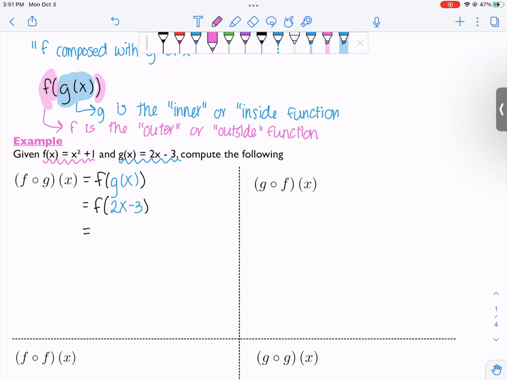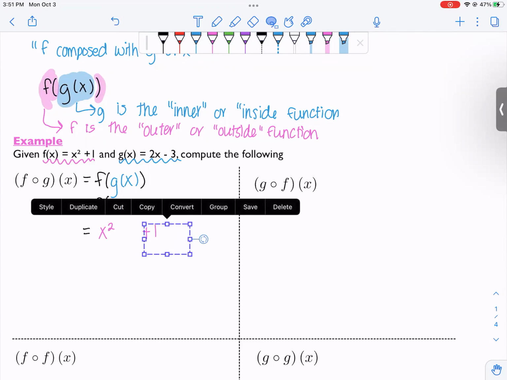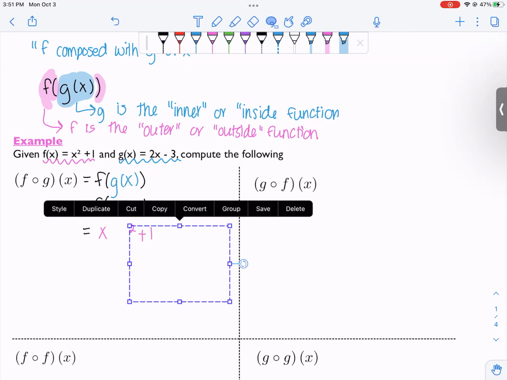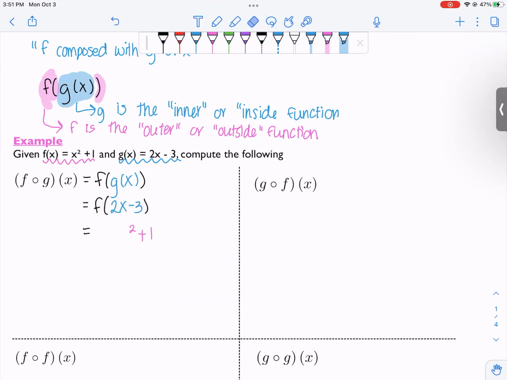So originally, this function f would have been x squared plus 1, but now, instead of just x, we have 2x minus 3. So we're taking the function f and we're plugging 2x minus 3 into it.